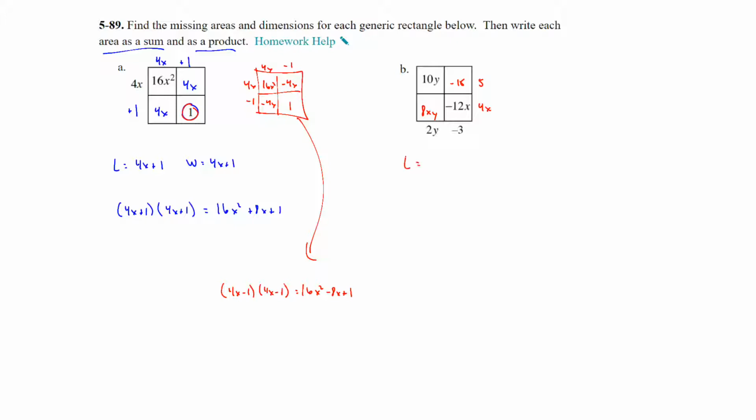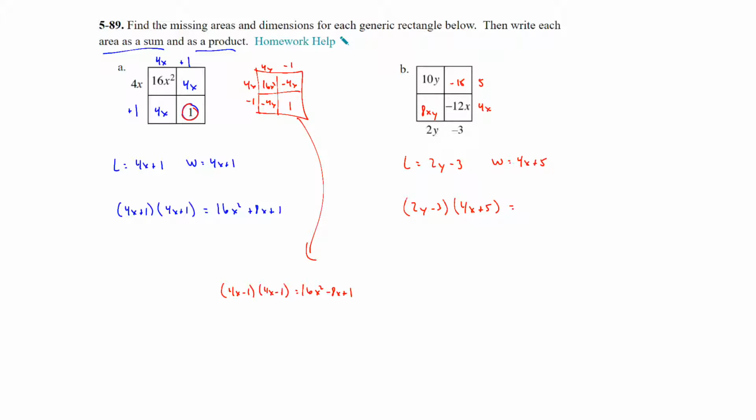So the length on this one of them would be 2y minus 3, and the other side length would be 4x plus 5.